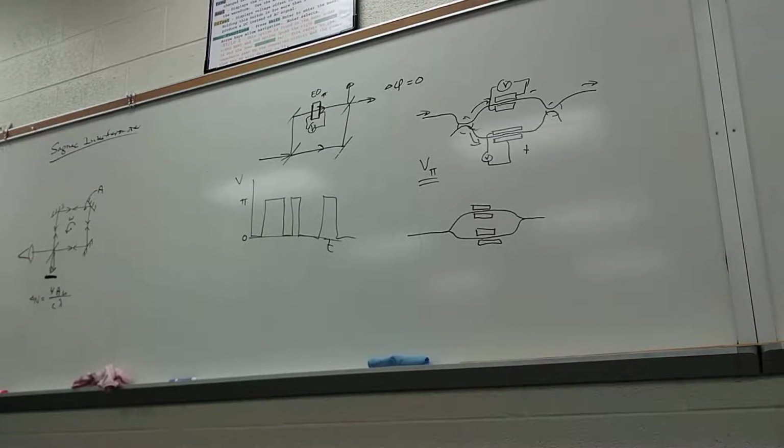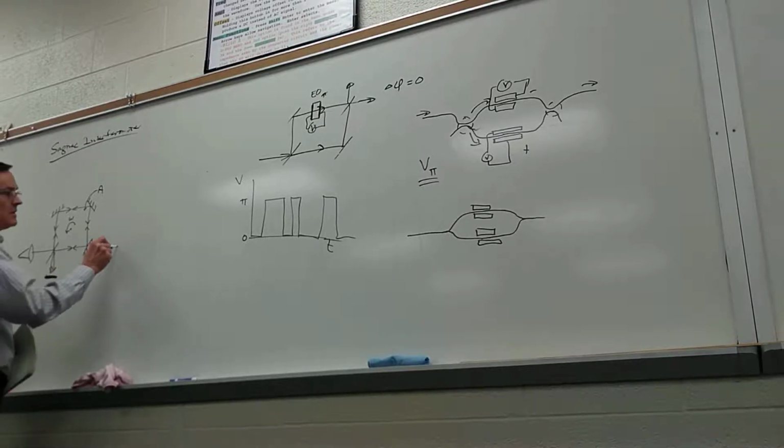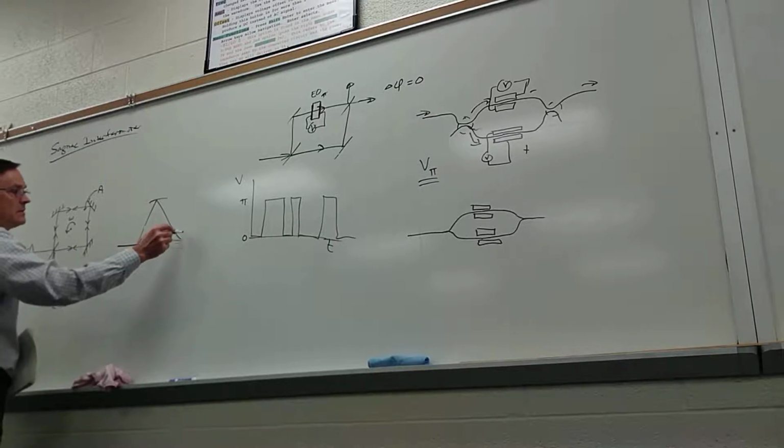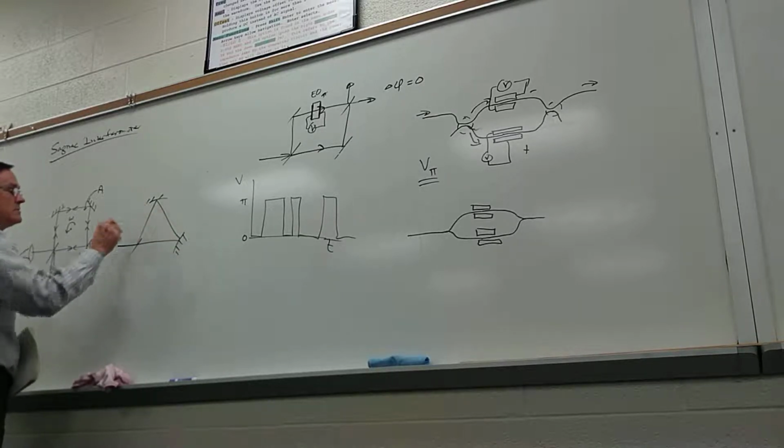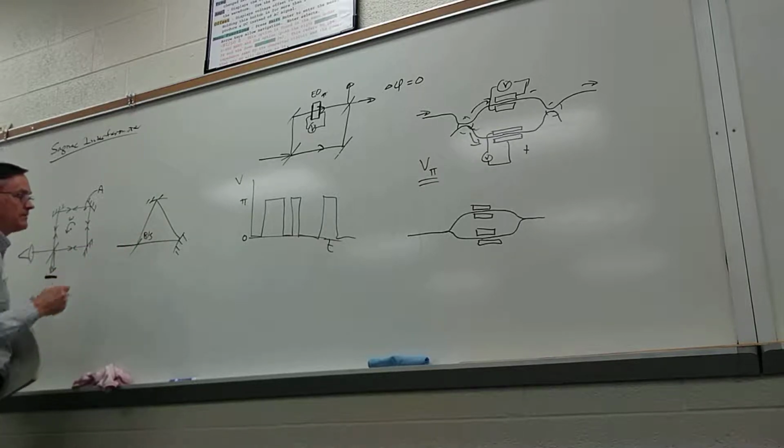Now, you can do that the simple-minded way. It turns out you could get rid of one mirror and do it like this with the beam splitter here, whatever. But in order to have high sensitivity to small rates of angular change, you want a really big area. And how big can you make that?